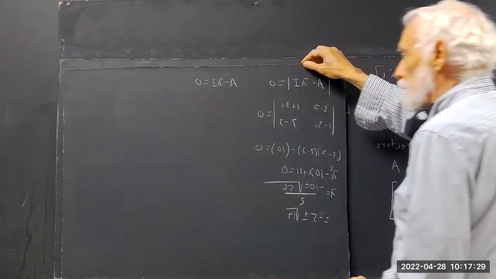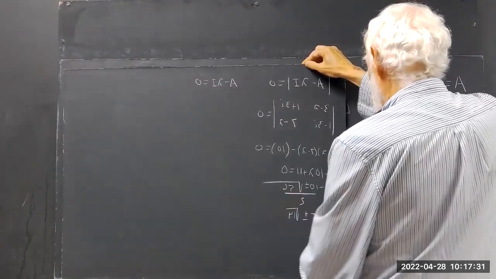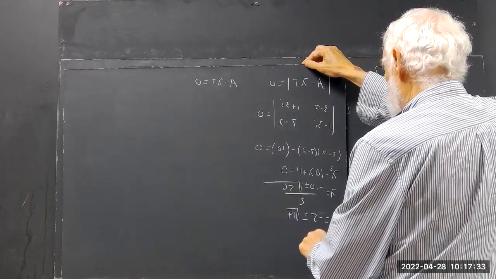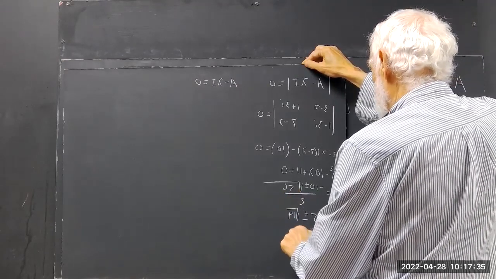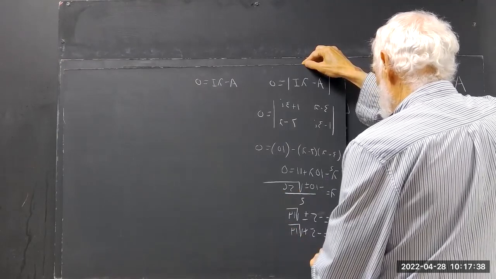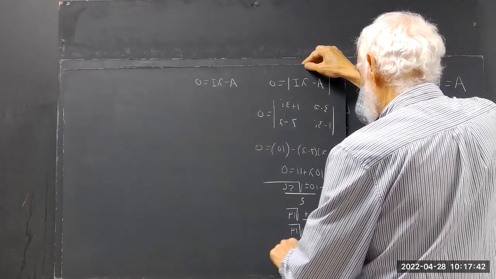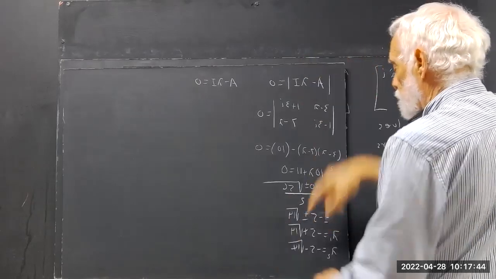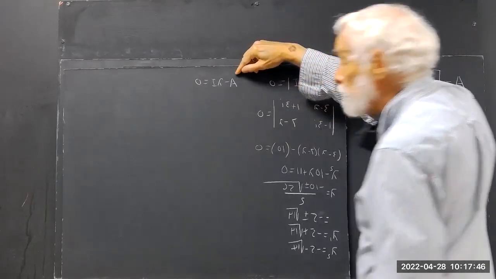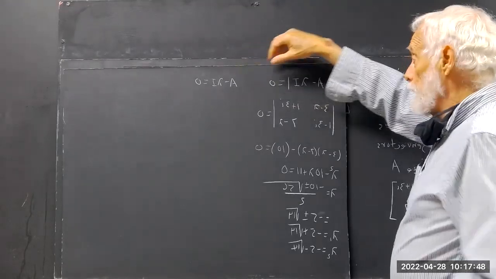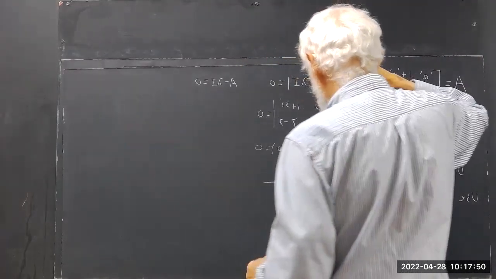Your equation is A minus lambda I equals 0. Well, let's just write out: we've got lambda 1 equals negative 5 plus the square root of 14, do the plus first, and lambda 2 is negative 5 minus the square root of 14. Now, what's A minus lambda I?